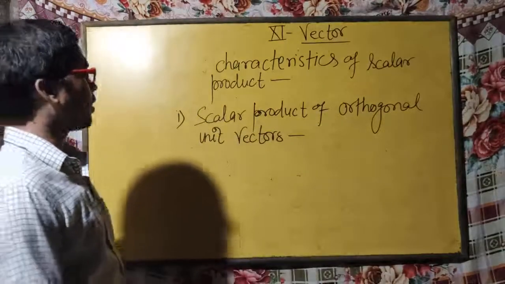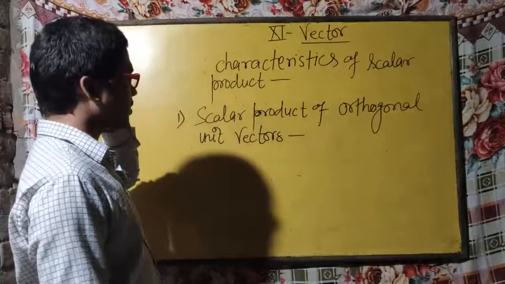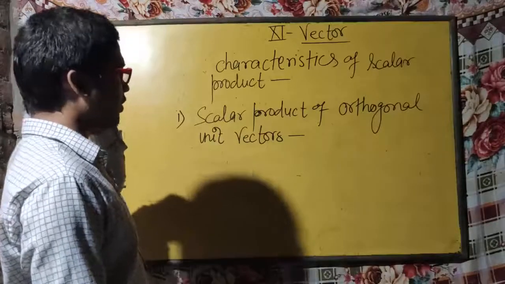So let's see what is the scalar product of orthogonal unit vectors.